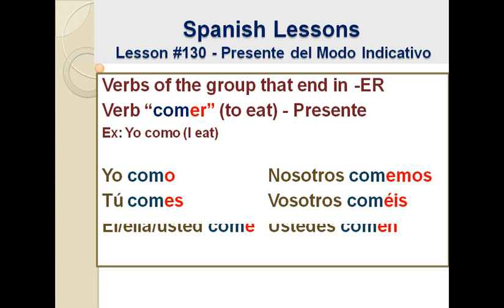Yo como is I eat, right? Tú comes, you eat. Él come, ella come, or usted come, if we want to address somebody formally. Nosotros comemos, vosotros coméis, ustedes comen, and ellos comen.